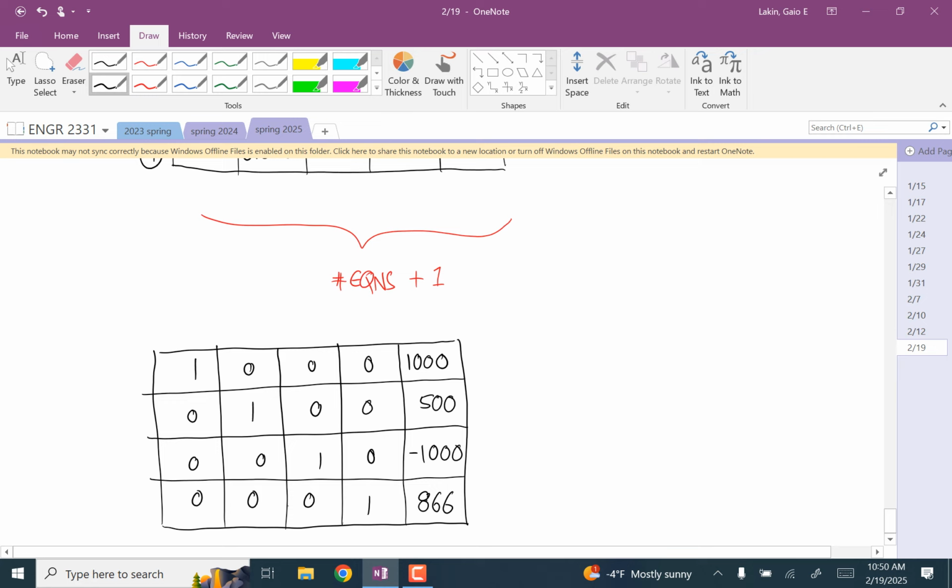If you ever run RREF and it spits out something that doesn't have this identity matrix in this first part, then something went wrong and those answers are wrong. Okay. So these are the answers, and they're given in the order you chose.